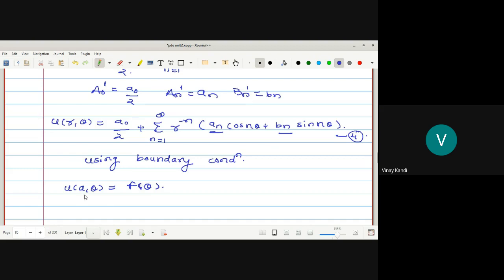At the boundary, u of a theta will be f of theta on the boundary of the circle.